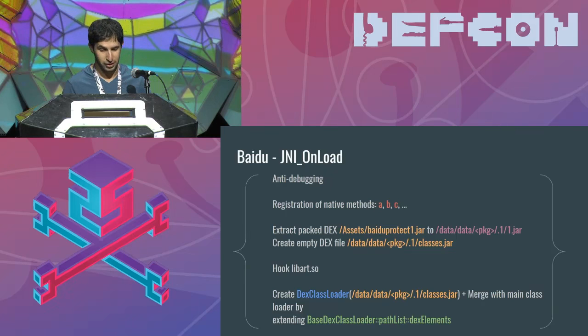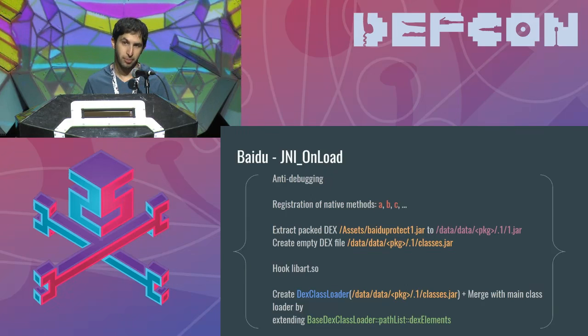These are the things it does. It has an anti-debugging technique that I will elaborate on, and registration of the native methods, meaning the mapping between the JNI and the native functions. It extracts the packed dex from the asset and creates an empty dex file, not an oat file but a dex file, and provides the hooking.